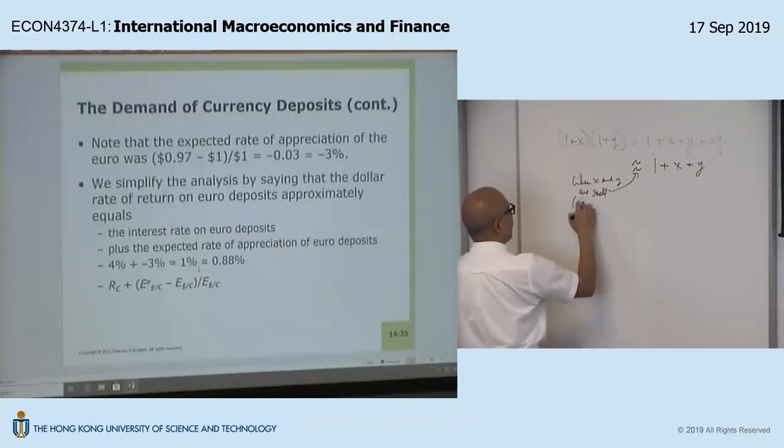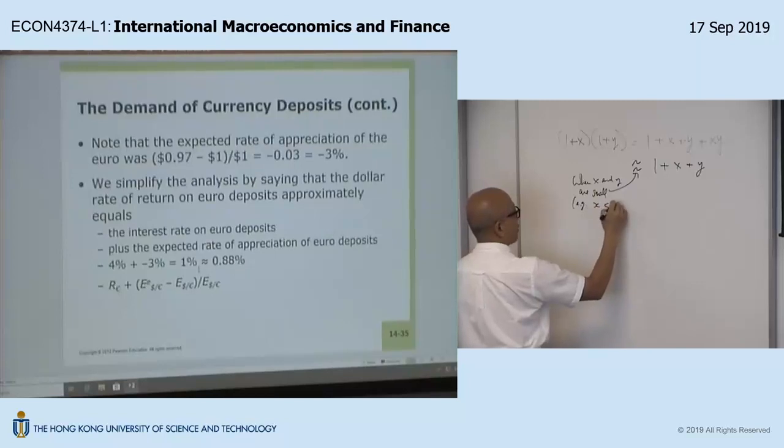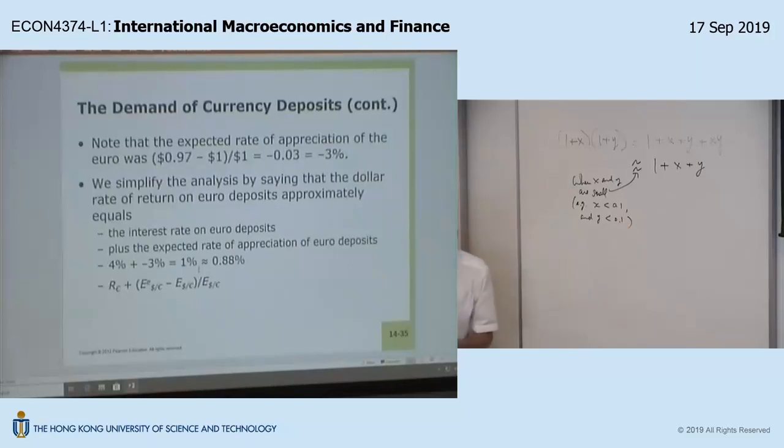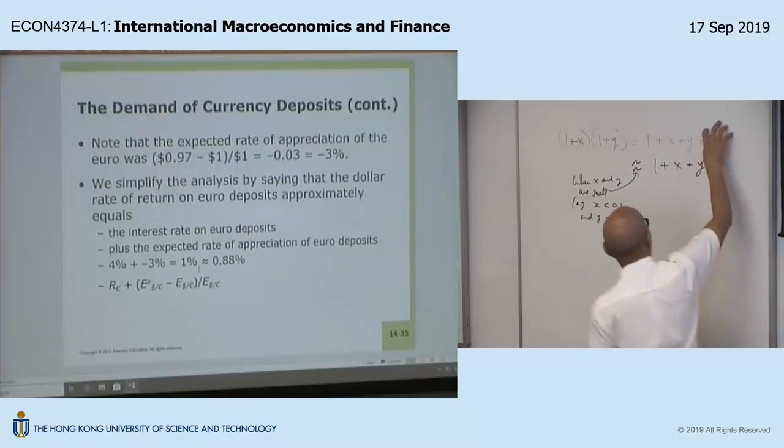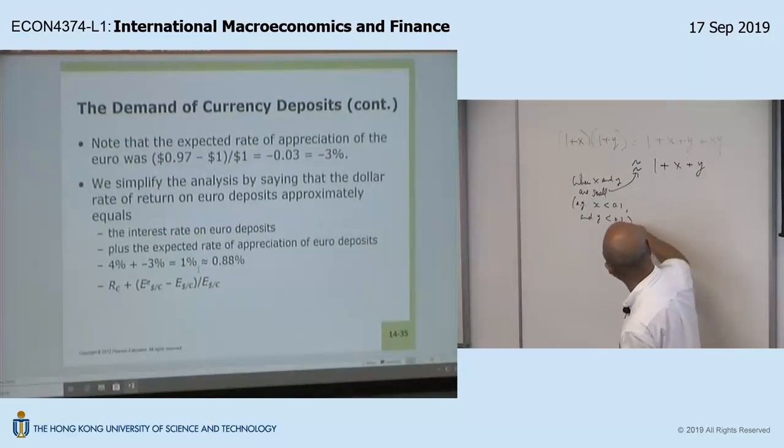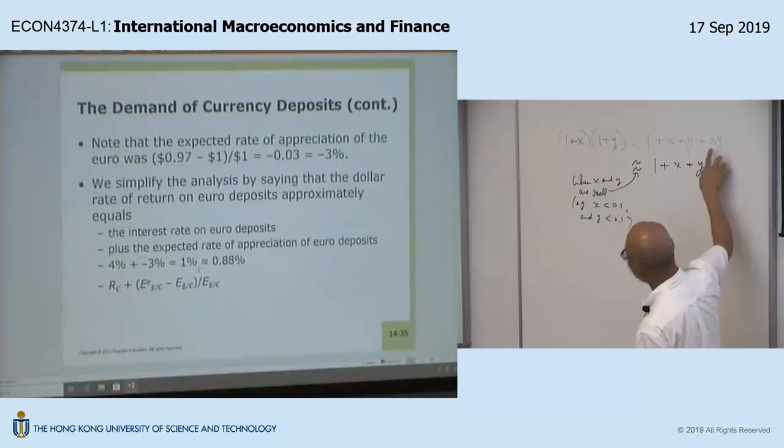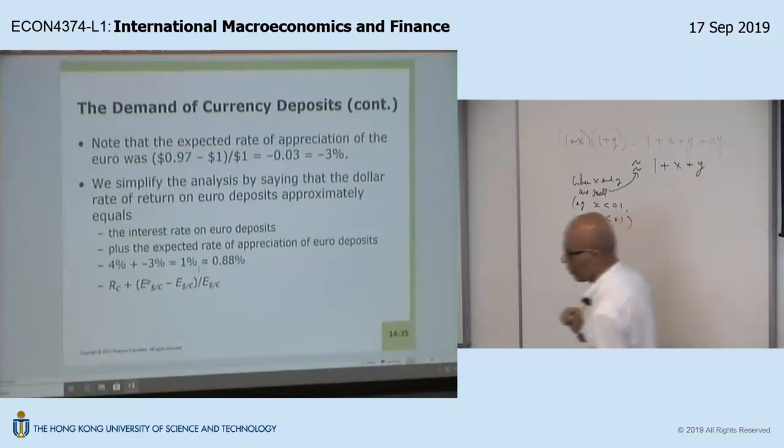For example, x is less than 0.1 and y is less than 0.1. So we can basically ignore this last term, because if these two are less than 0.1, then this will be less than 0.01, right? So this approximation is pretty good.